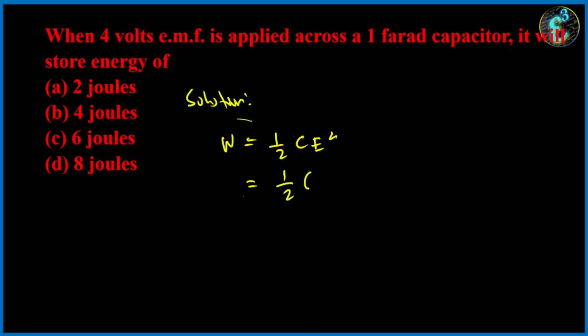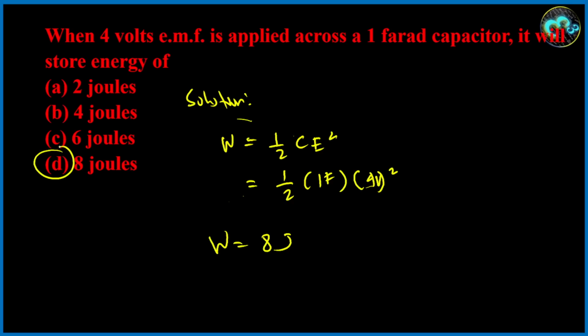Our capacitance is 1 farad. And our voltage is 4 volts squared. Okay? So we have 16, no? 4 squared natin is 16 times 1 divided by 2. So the correct answer for this one is 8 joules, no? So the correct answer is letter D.